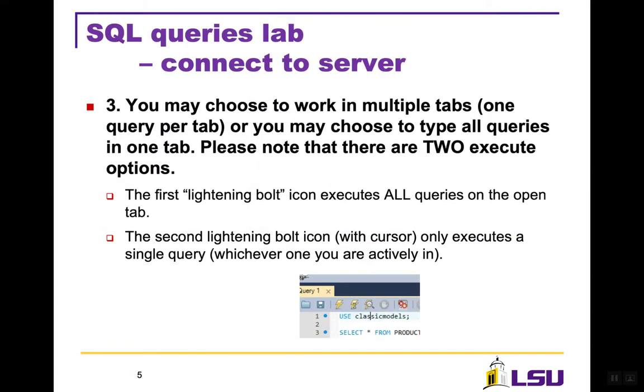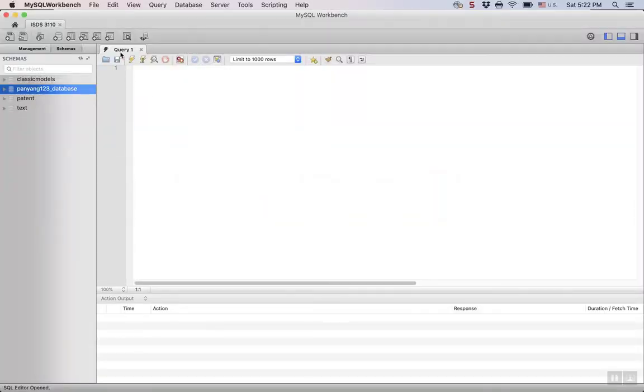Before we start our query, we want to know a little more about our work environment, the Workbench, where we can type our query. You may choose to work in multiple tabs, or you may choose to type all the queries in one tab. Here I have one open file where I can type my query.